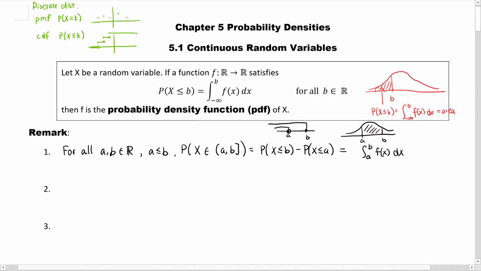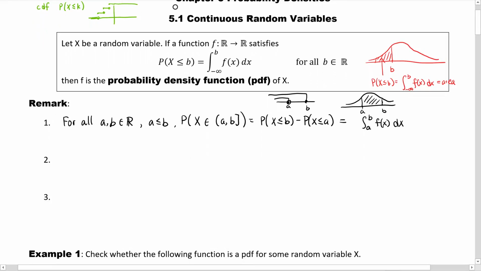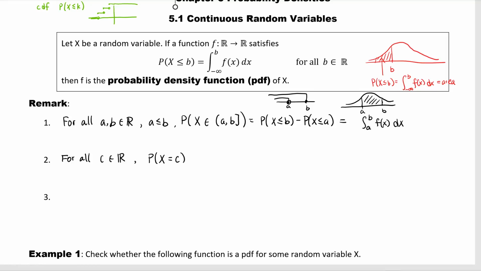So, second remark. For all c in the real numbers, the probability of X equal to c is the integral from c to c of f(x) dx. Do you know what that is? Think about it. From c to c is actually the area of a line segment.